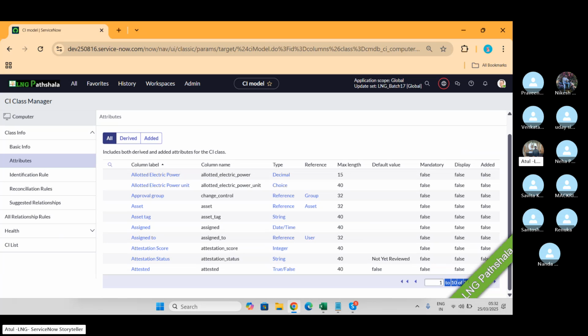And we are not able to go beyond 20. We don't even know 20. Now the thing is that these are the CI classes. This is a CI class called computer class. And a computer has these many attributes.